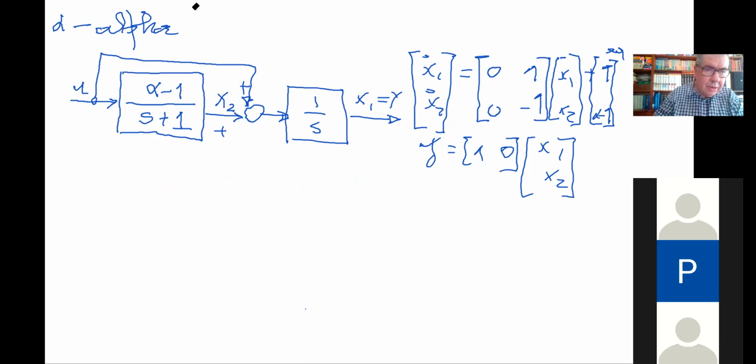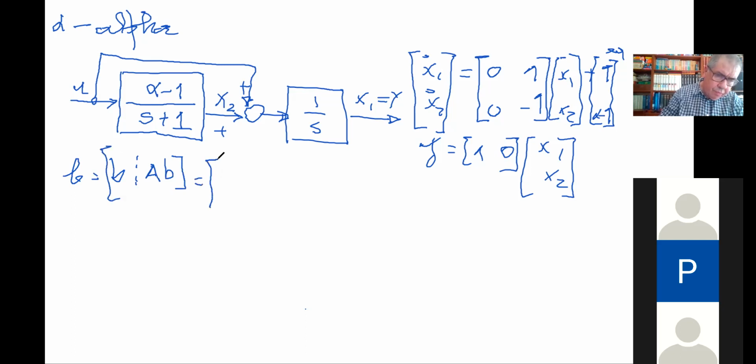Now, the controllability matrix is B and AB. And this is what? B is 1, alpha minus 1. What about AB?